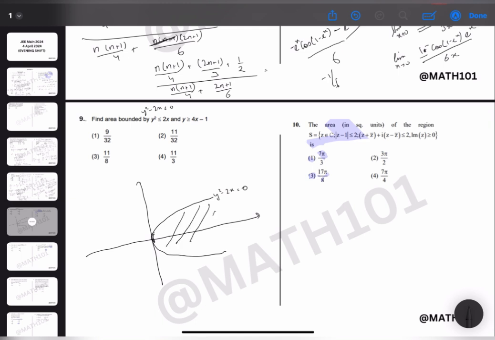This is the needed region, and y greater than or equal to 4x minus 1. So y minus 4x. We'll plot this line.